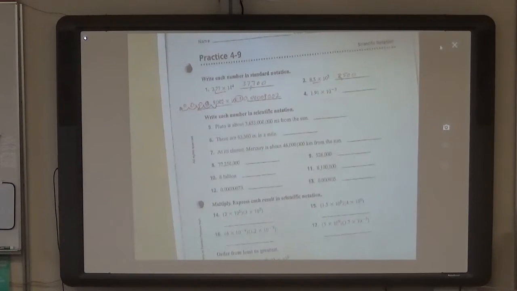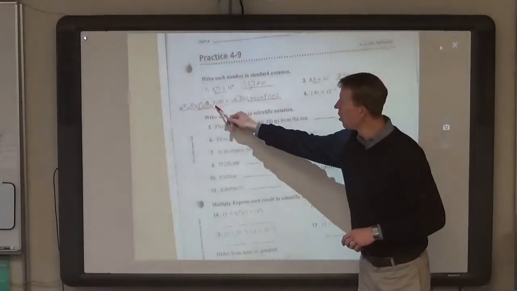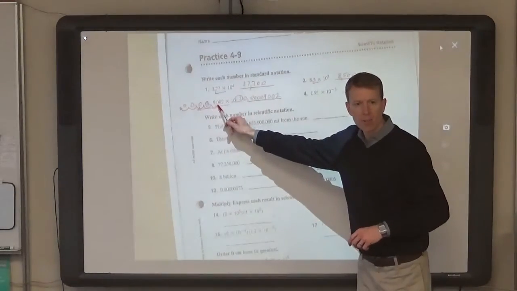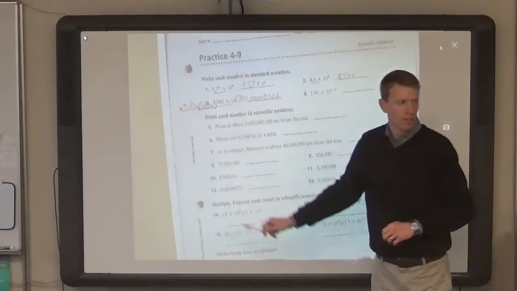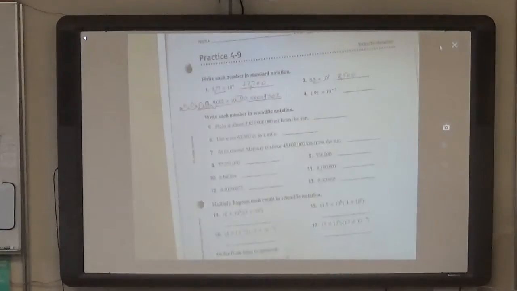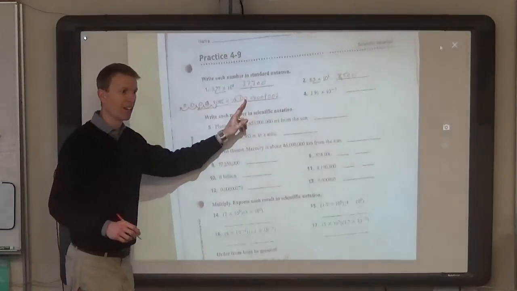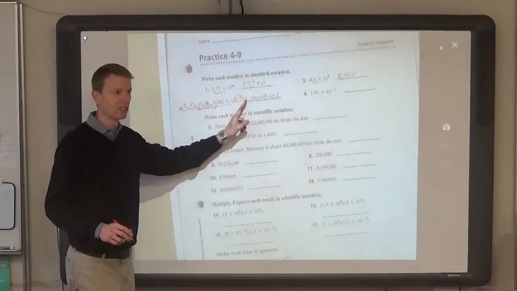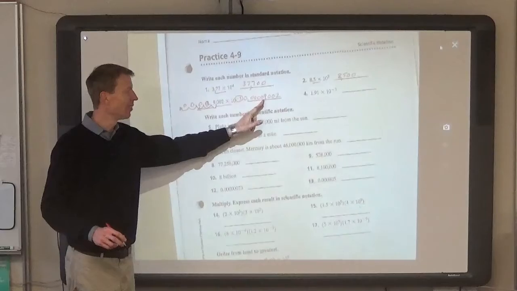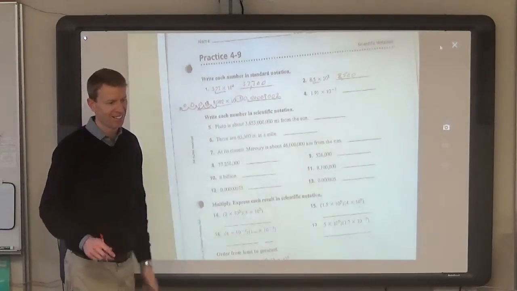Wait, there are 4 zeros in front of the 9 because the 9 counts as one of the places that you're moving it. No, it's not 5 because it's negative 5th power. Yes. So in front of the decimal point, there is another 0. 0.00009. Yep.